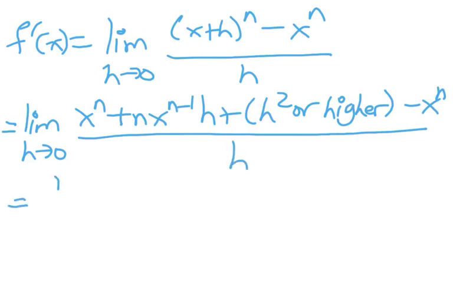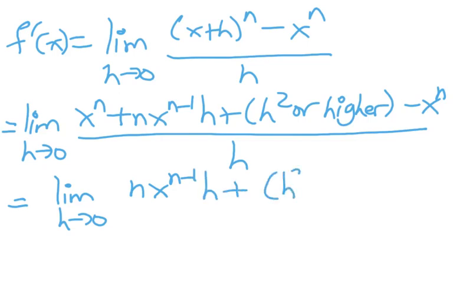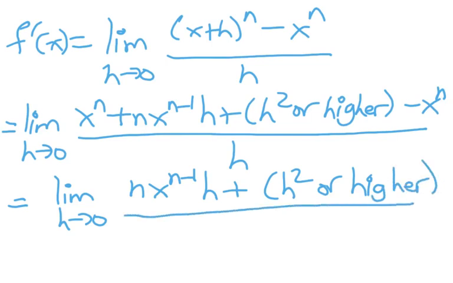So subtracting cancels off the x to the n's. That leaves us with nx to the n minus 1 times h plus the h squared or higher terms, all divided by h.